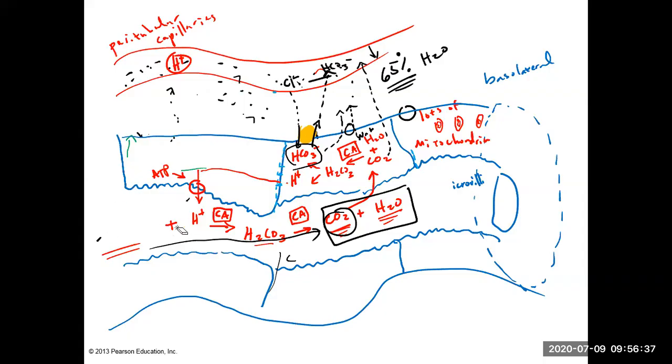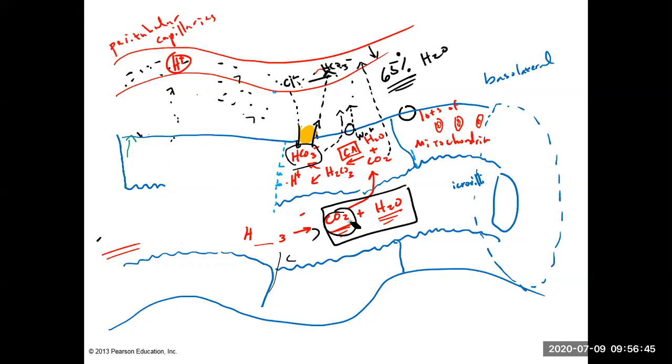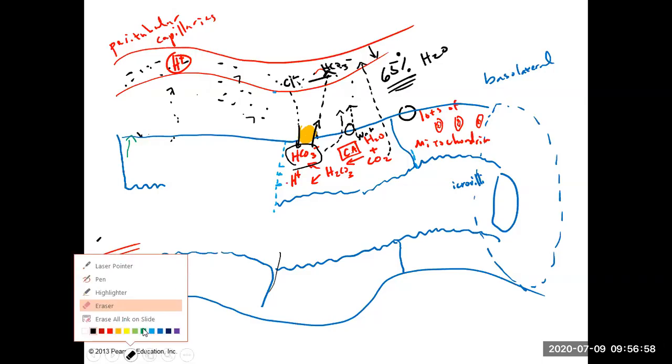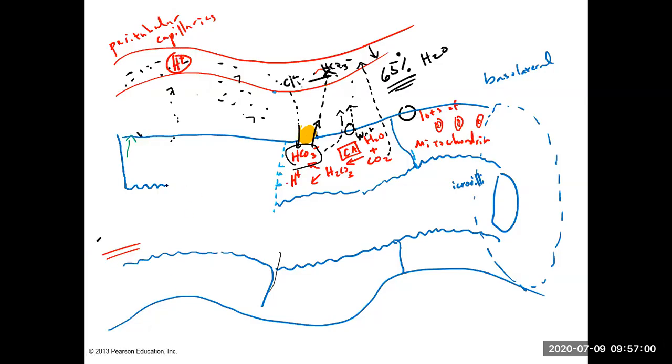You see, the amount that you could reabsorb is limited. You can't just reabsorb everything. Why not? Because substances are not sitting in here until they get reabsorbed. And that's an important concept actually.